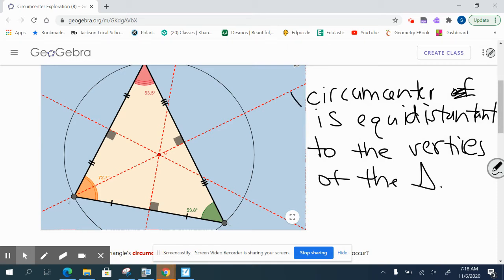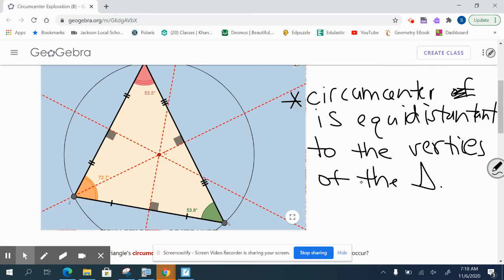Okay, that's another key thing to note here. So the circumcenter is equidistant to the vertices of the triangle. All right, so lots of things to note here. Please make sure you have all of those key things about the circumcenter and the circumscribed circle written down, and you have this diagram in your notes.